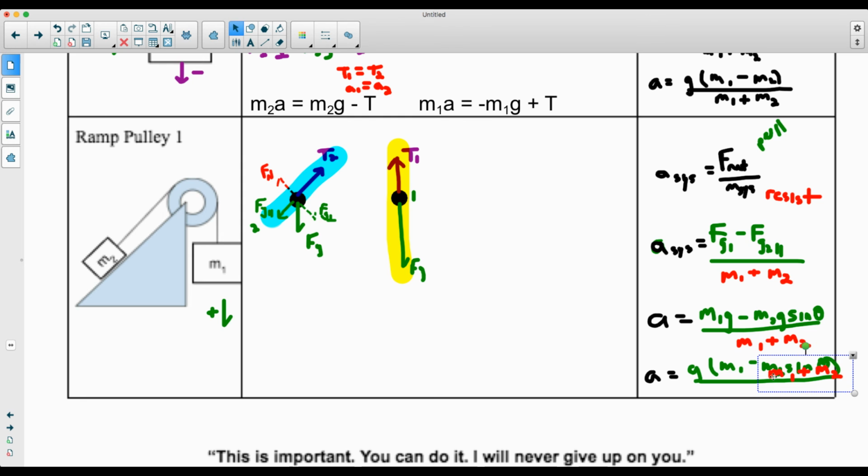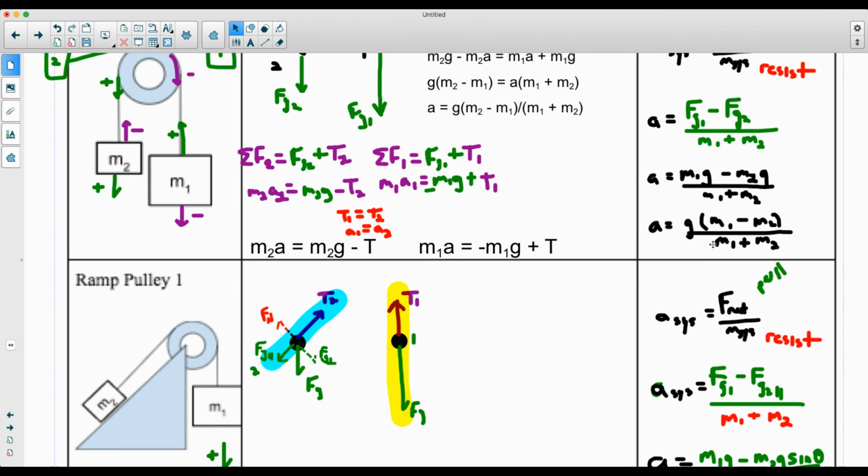Yeah, let's copy and paste that. Okay, so again, what's pulling divided by what's being pulled. That's it. So notice, it's kind of similar here, right?